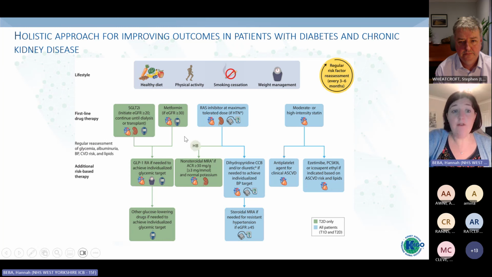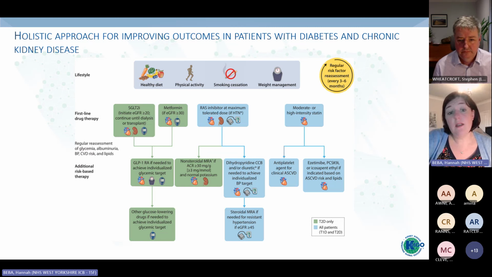And as we said, that first line drug therapy, and this is for people with diabetes, so SGLT2 and metformin. GLP-1s do have evidence base in renal disease, actually. They have evidence base mostly around people who are already what we call overtly albuminuric, where your urine ACR has gone over 30.